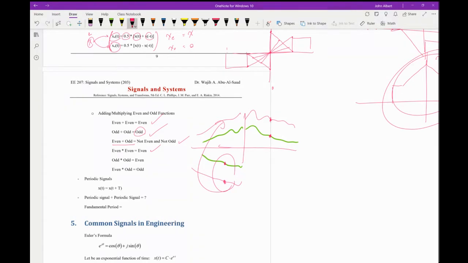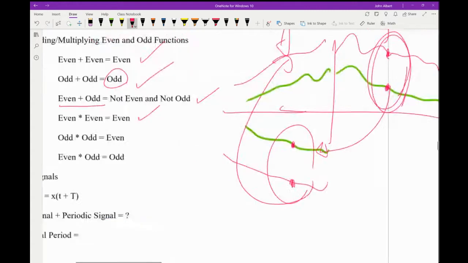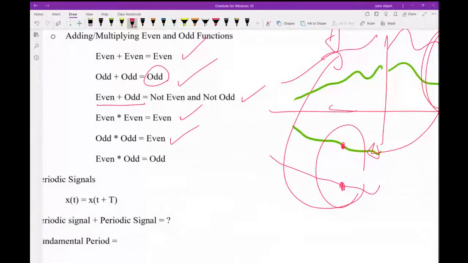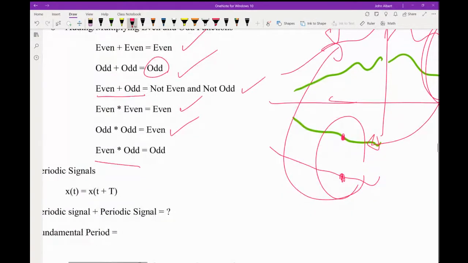I'm not sure that I explained this well, but because I have a minus sign from both signals, when you multiply those two signals, the minus signs basically disappear. You'll get exactly the same value with the same sign on the other side. And this is why odd multiplied by odd will give you even. And by the same concept, even multiplied by odd will always give you odd.